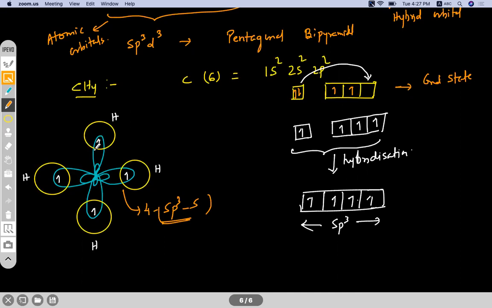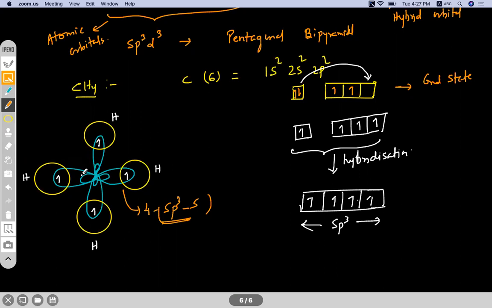So these 4 bonds are formed by the overlapping of sp3 and s orbitals. Hence, all 4 bonds are identical. And that is how it explains the property of CH4 and the hybridization of CH4.